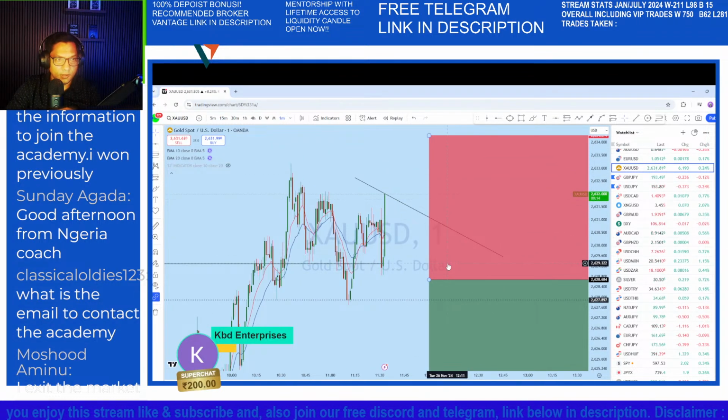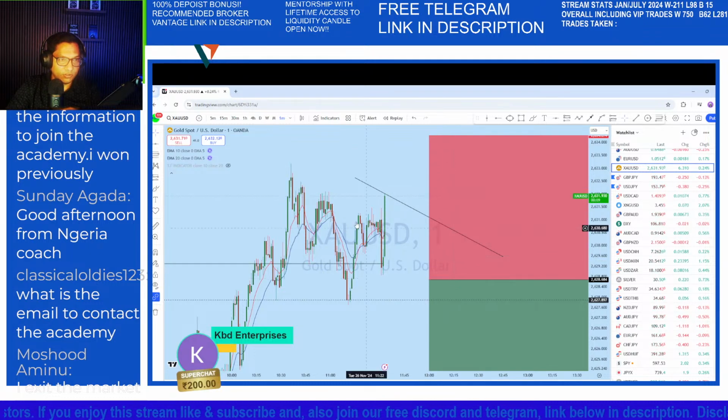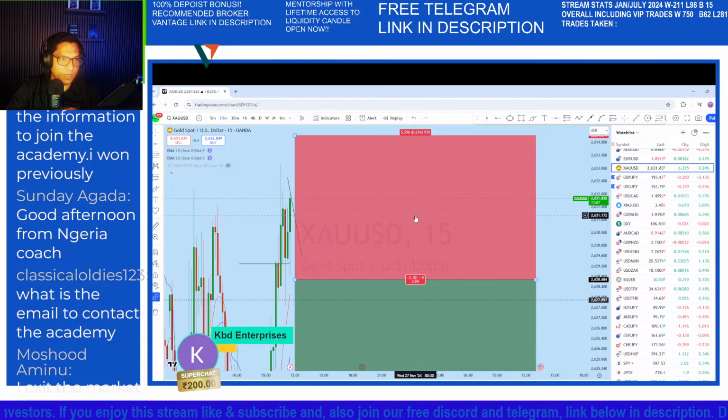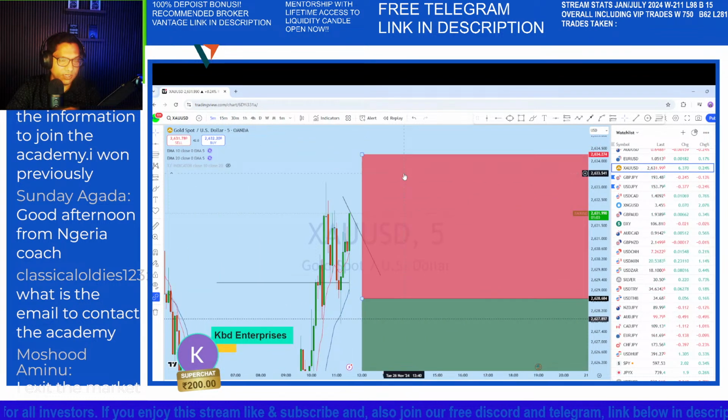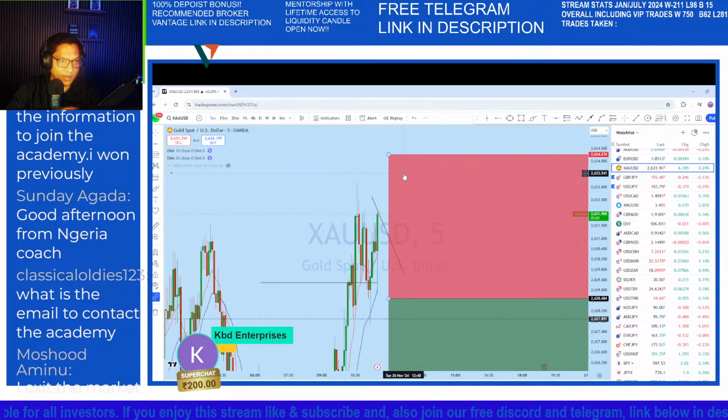So it's nearly hit our entry and then return back. I think some of you may have got exit because of the way you have entered.